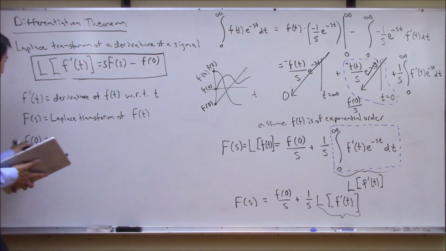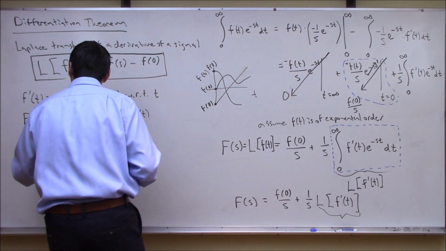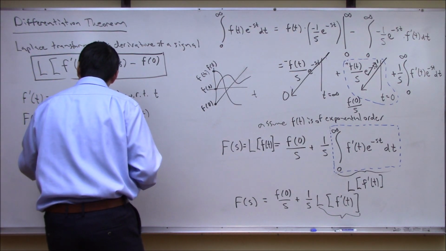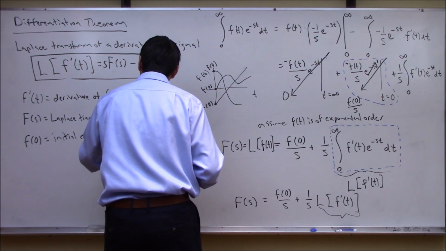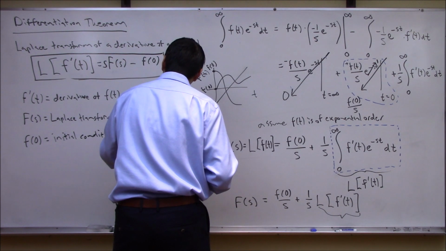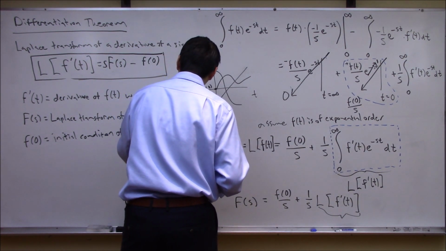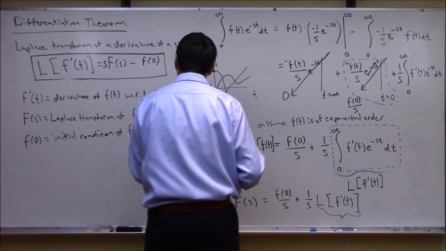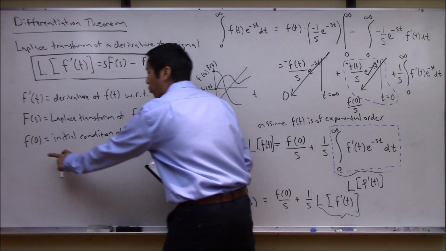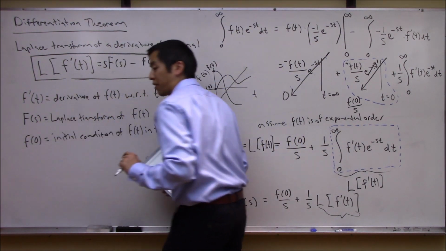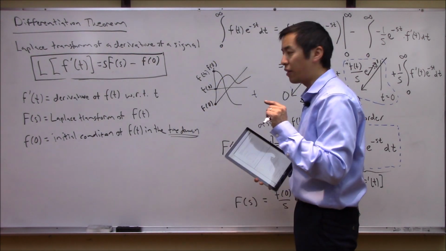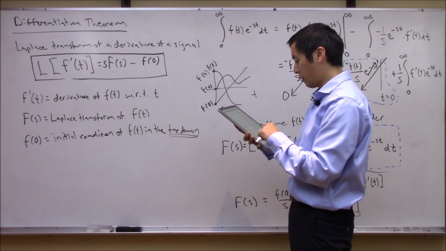So f0 is, let's write this down so we're all on the same page, the initial condition of f of t in the time domain, right? And we better underline that. That's what our lowercase f notation was in contrast to our uppercase F notation. Lowercase meant in the time domain, uppercase meant in the Laplace domain.